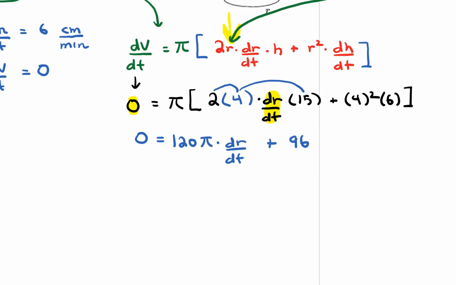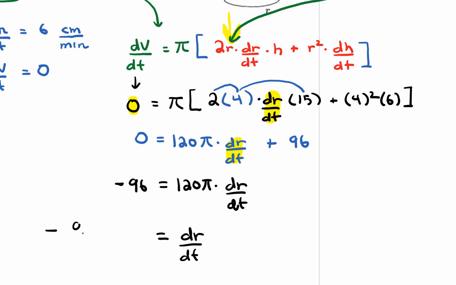Okay, so now our goal is to continue to solve for dr over dt. Bring the 96 over, so I have negative 96 equals 120 pi times dr over dt. And dr over dt is going to equal negative 96 over 120 pi.